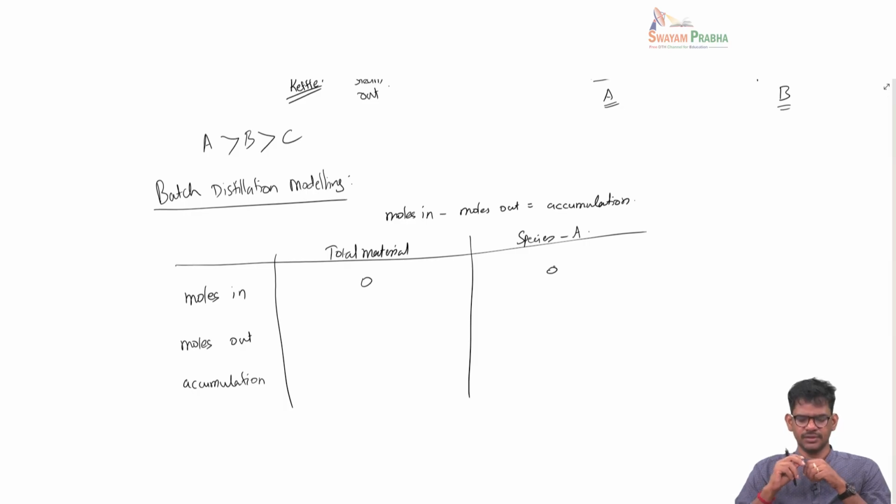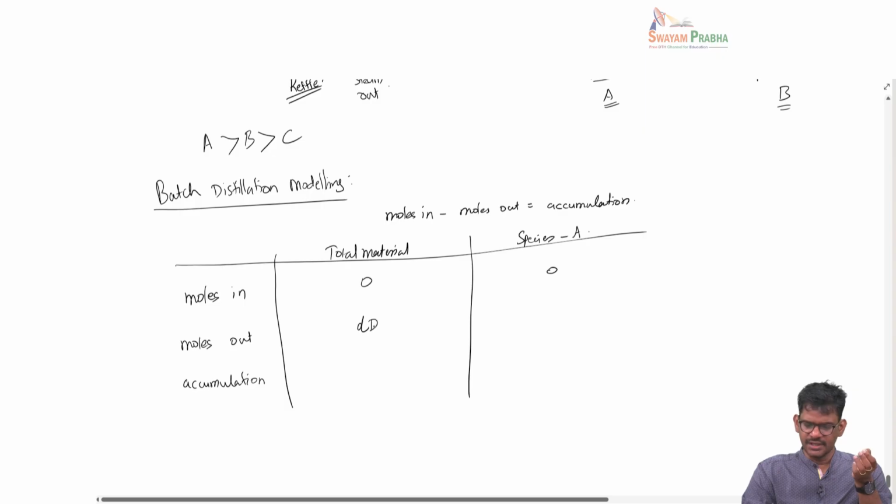Moles out. Here we will say a very small, differential amount of vapor is created, which we will denote as dD. As far as the species is concerned, what is actually going out? You have to think about this more like a semi-batch system. You start with the liquid mixture, and then constantly you are creating vapor.